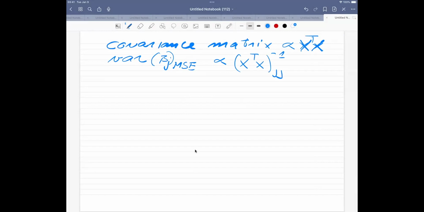So the results which we get on the parameters beta, and obviously the variance of the parameters beta, give us a kind of confidence intervals in standard statistical interpretations, which allows us to make predictions about the validity of our model.